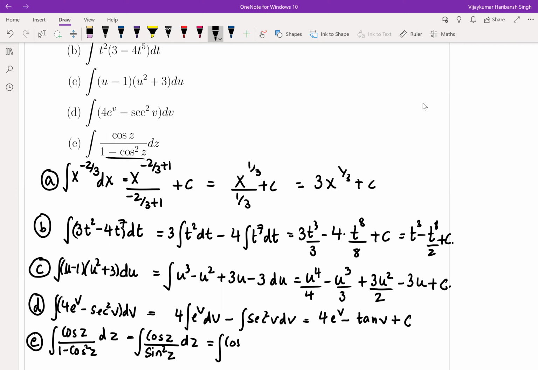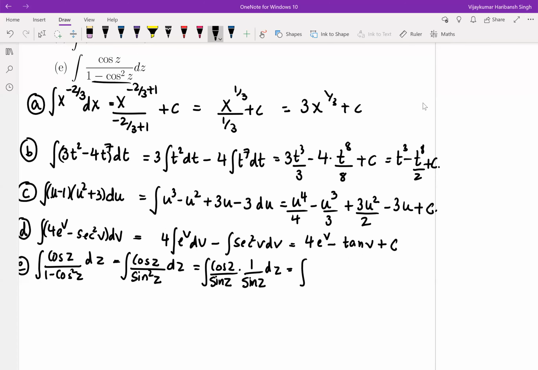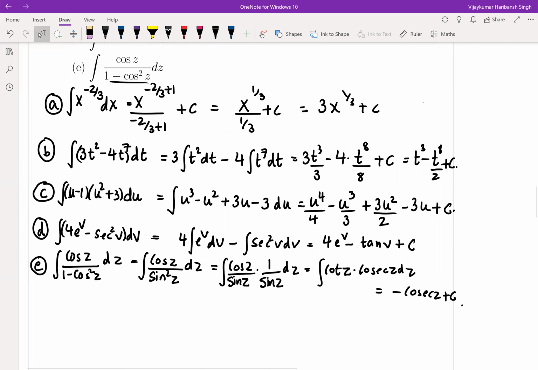This is going to be cos z over sine z times 1 by sine z dz. This is going to be cot z, or cotangent z, times cosecant z dz. And integral of this is going to be minus cosecant z plus c. So this is how the game of integrals is played.